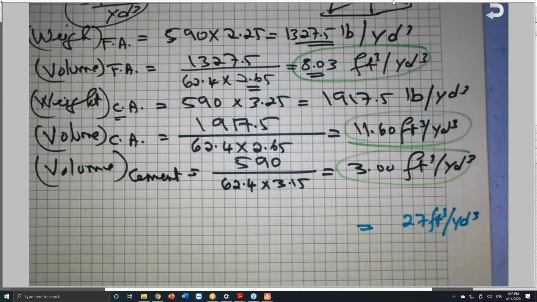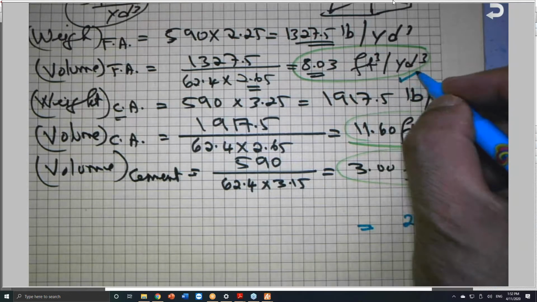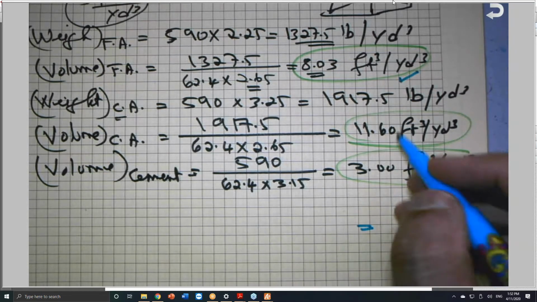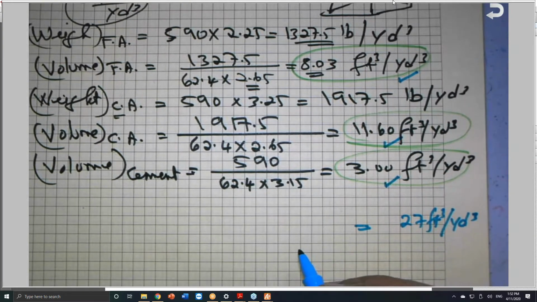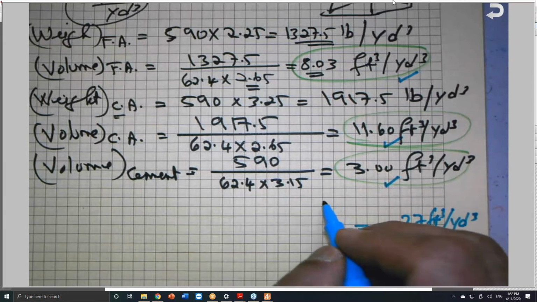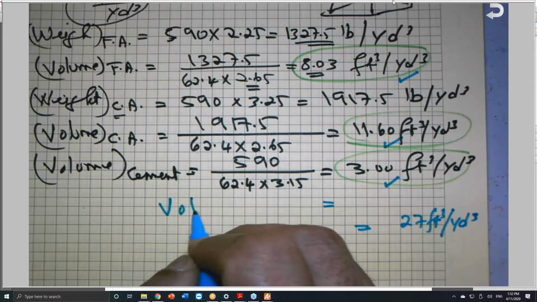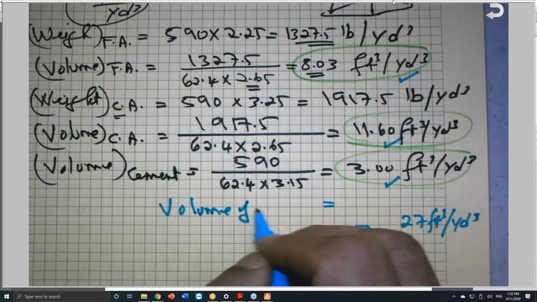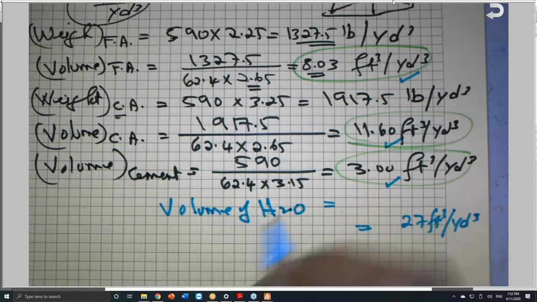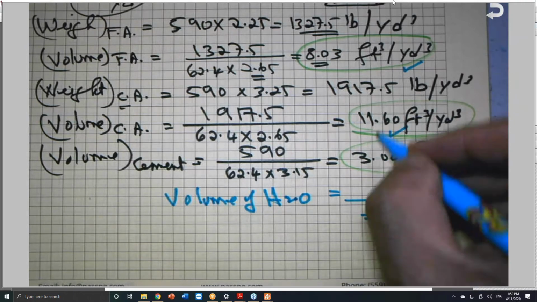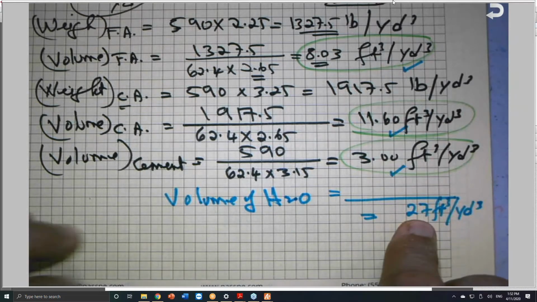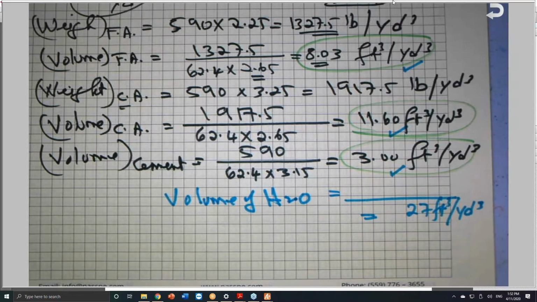So if I know the volume of the fine, the coarse, and the cement, I can get the volume of water, because if I add all of them, they should total 27, and this will give me the volume of the water.